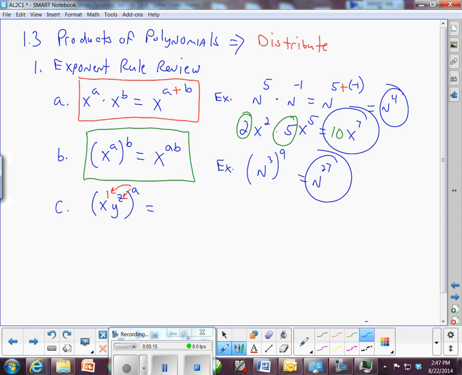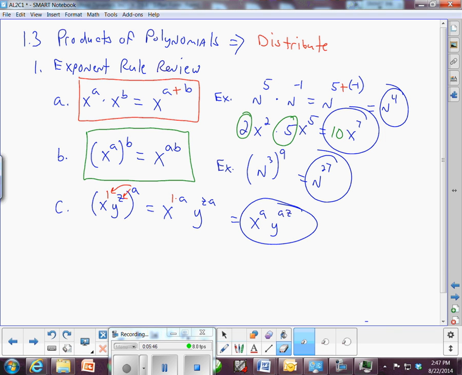So if you were going to do this rule, you would end up with x to the technically 1 times a, and then y to the z times a. Now we need to clean that up or simplify it. So you end up with x to the a, y to the az. You would always put your variables in alphabetical order. So x to the a, y to the az.